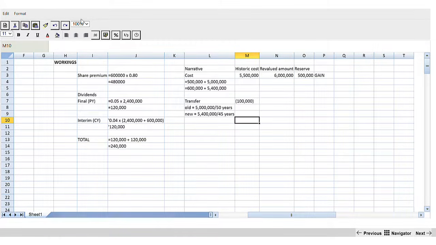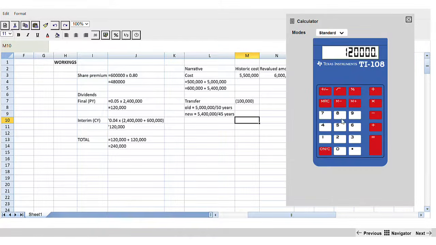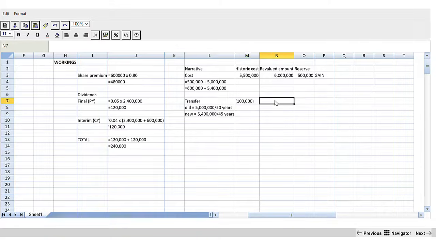So again, let's just get the old calculator out there. Let's clear everything. So we've got 400,000 divided by 45 equals 120,000. That's a popular number within this question. Excellent. So the difference that you've got, the transfer, is the difference between the two.